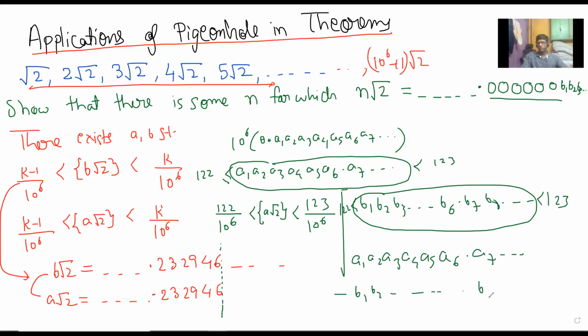Let's say the a guy is bigger, then we want to say that this difference is less than 1, which means it is 0 point something something. I'm not taking 7, I'm taking 10 to the power 6 only. It has infinitely many digits.